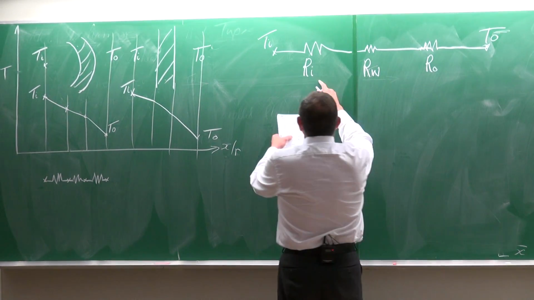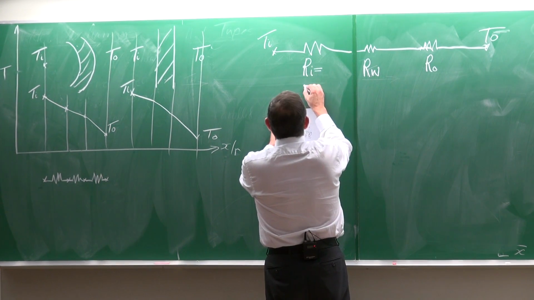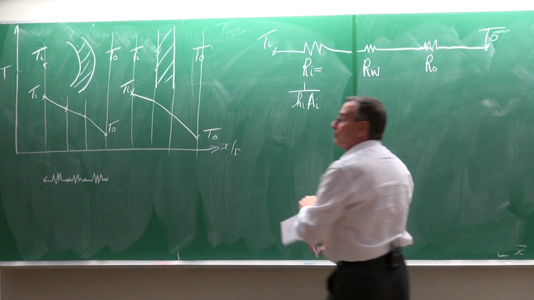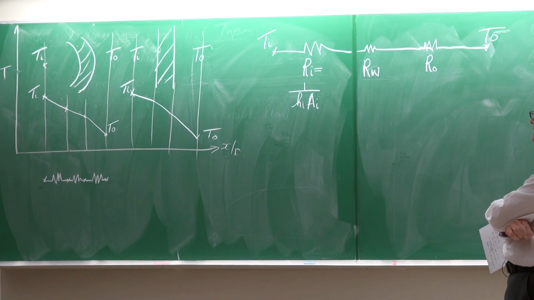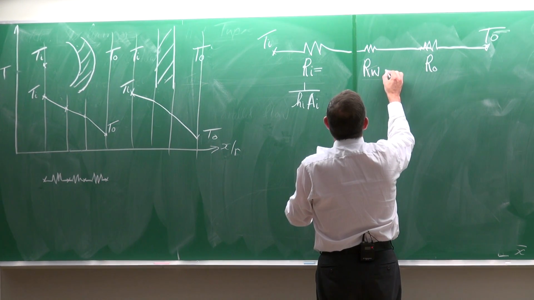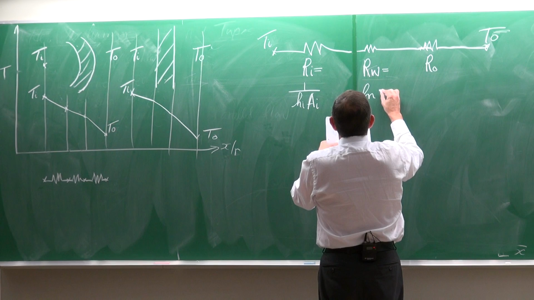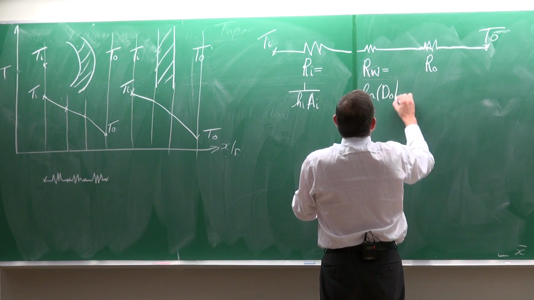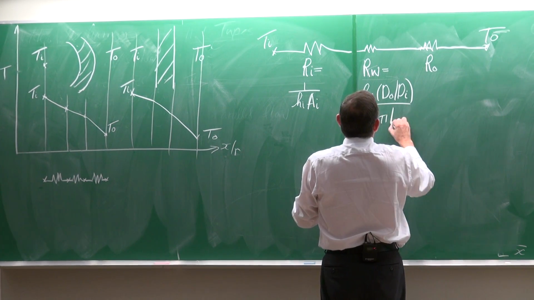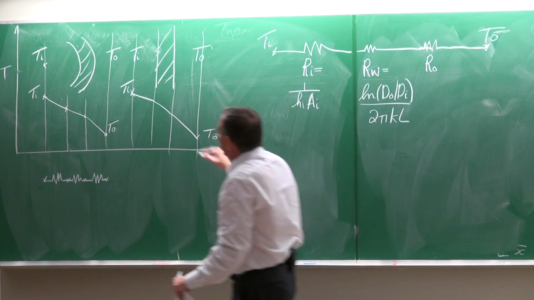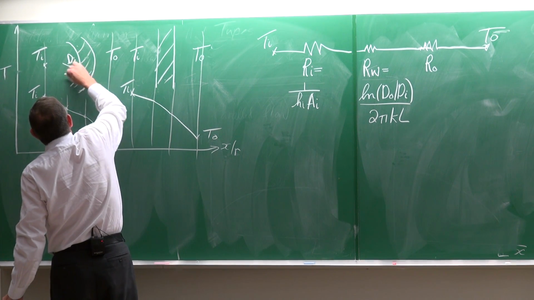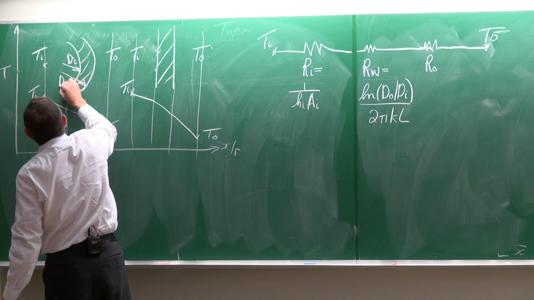The resistance on the inside, I hope you can remember, is equal to 1 divided by the heat transfer coefficient on the inside, multiplied by the surface area on the inside. The resistance of the wall is going to be the ln(d0/di) divided by 2 pi k L, where that would be the diameter on the inside and that would be the diameter on the outside.